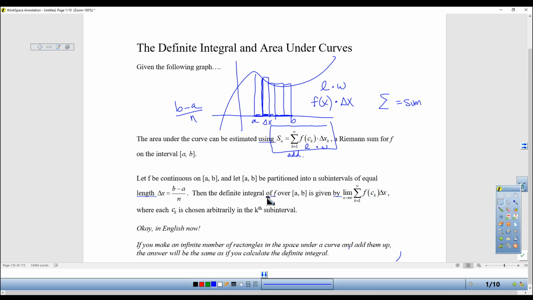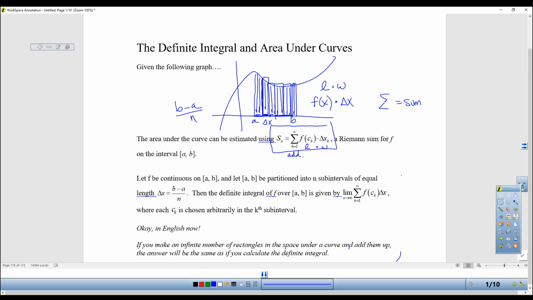Then the definite integral of f from a to b is given by the limit as n goes to infinity. That means instead of just doing 4 intervals like we did yesterday or 5 intervals, what if you did an infinite number of intervals? You made so many little teeny tiny rectangles. The tinier they are, the more perfect the measurement.